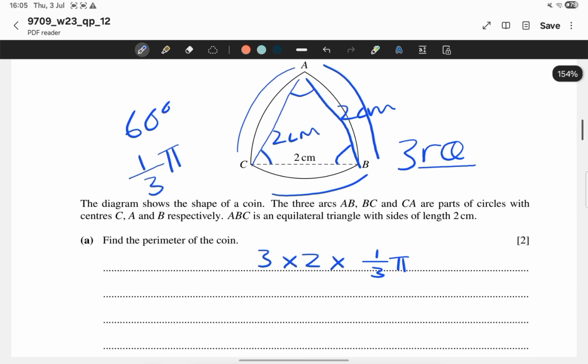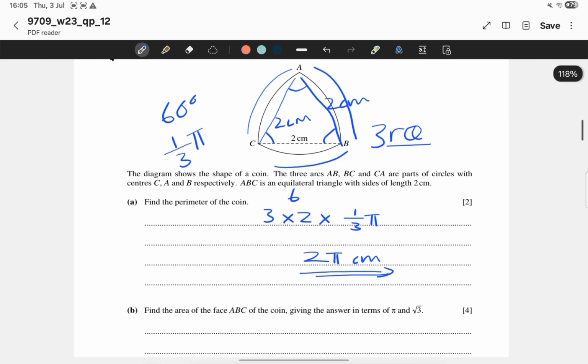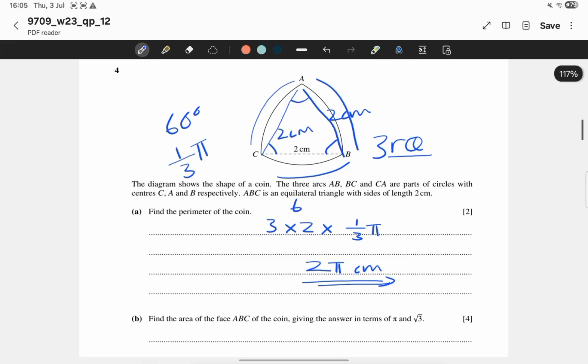And this will give us 6 times that, which is 2 pi centimeters. And that will be our perimeter there, right? Then we move on to part B, which says find the area of the face ABC of the coin, giving your answer in terms of pi and root.